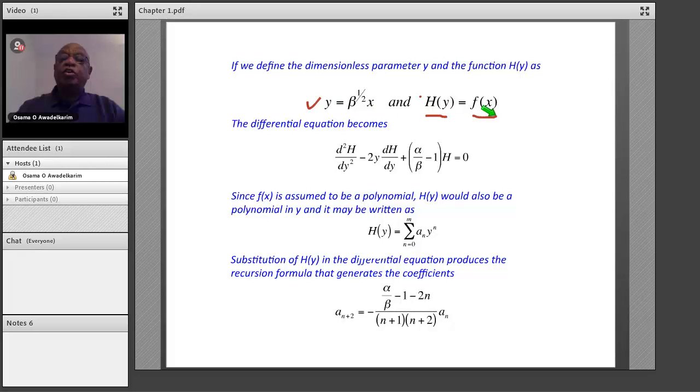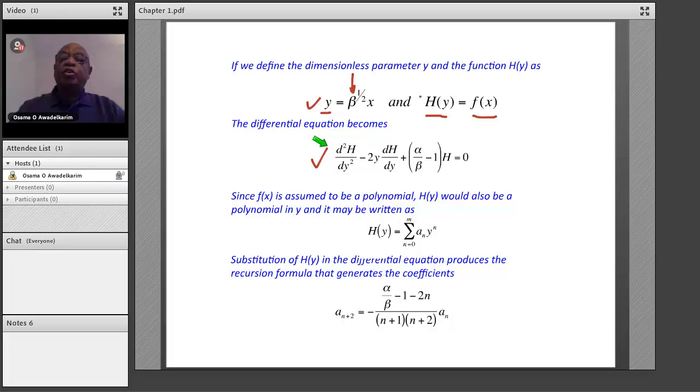So what I did is I changed the independent variable x to another independent variable y, and beta is a constant, as we know, so that doesn't change the independent variable much. However, it makes the equation more compact and easier. So the differential equation becomes a differential equation in h.